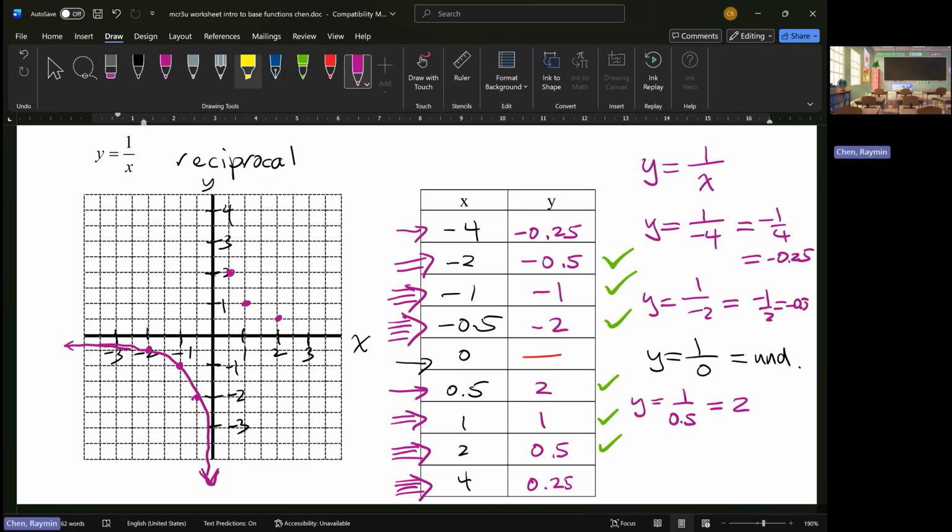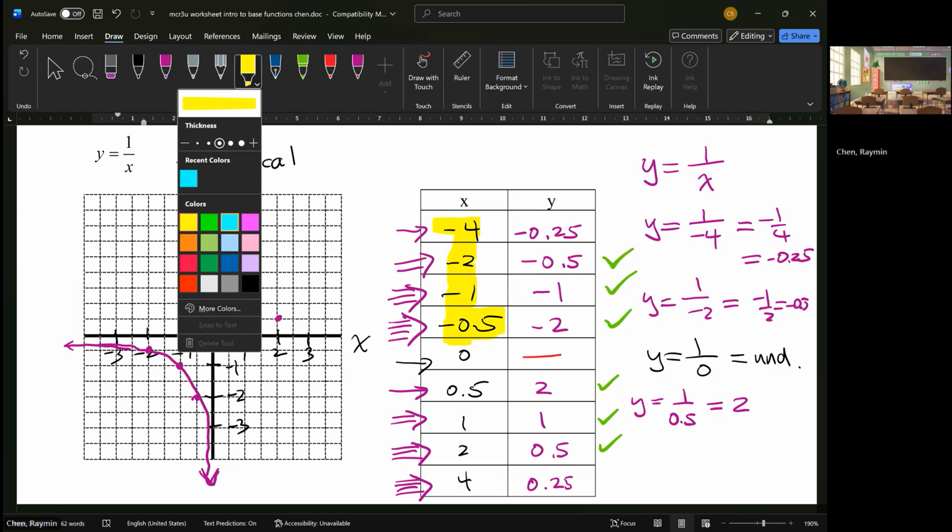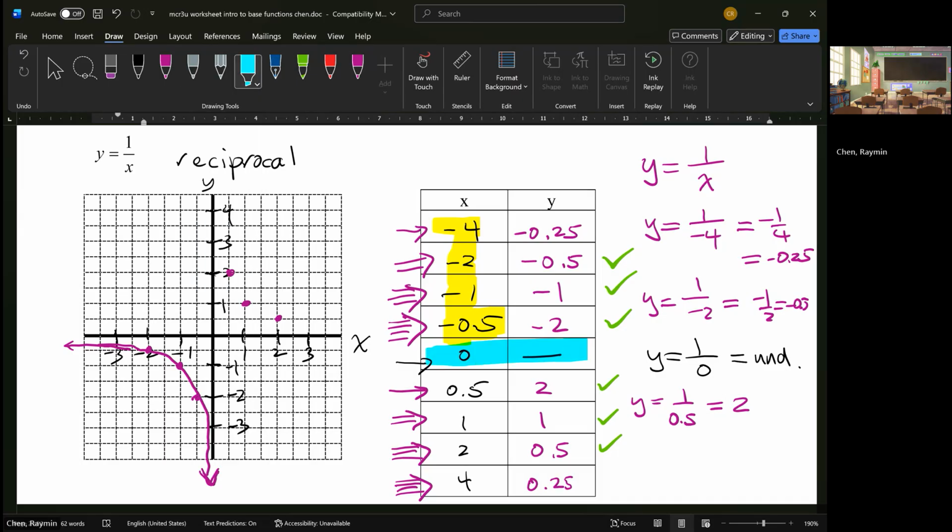If you're understanding what I just did, I plotted all the functions from -4 all the way down to -0.5. Now at 0, there's no real value, so I cannot plot a point. I have to lift my purple pen and then continue onwards. And if we continue onwards, notice we get to this part.